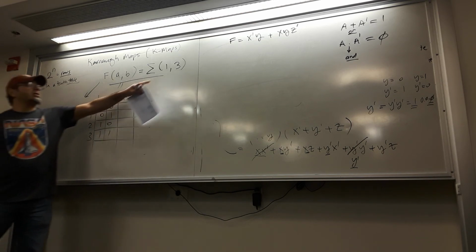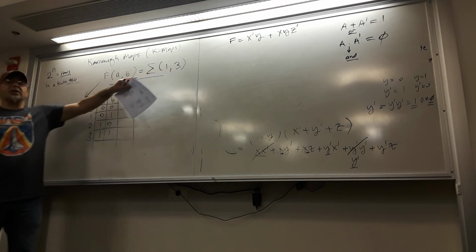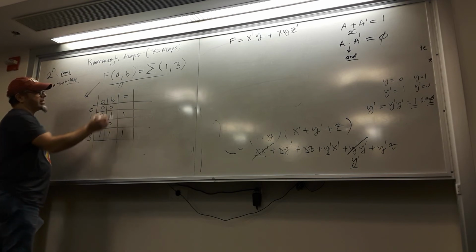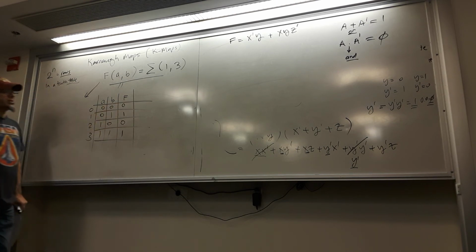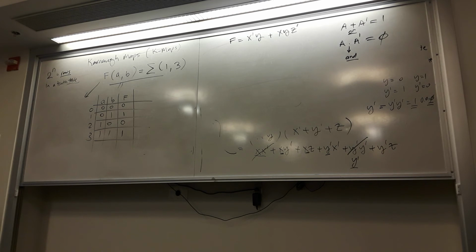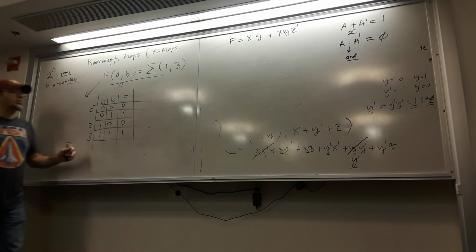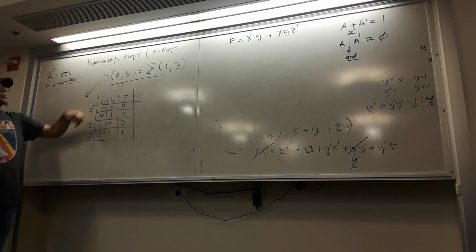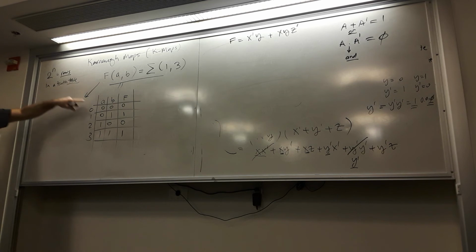So only row number 1 or cell number 3 has a 1 value. The rest is by default 0. There comes my truth table. I don't really need to do that, but just to give you the idea, this translation makes sense, and that notation is actually derived from the truth table.